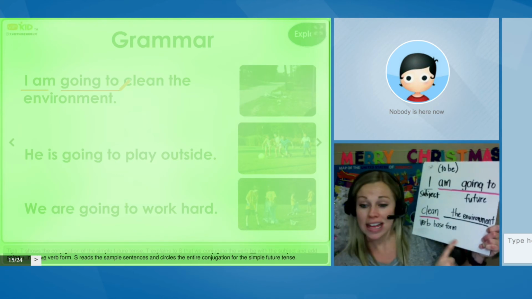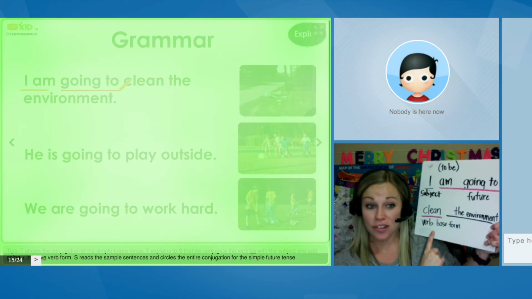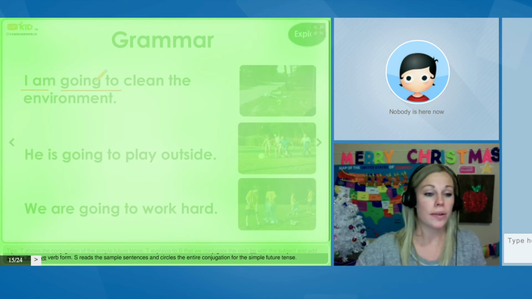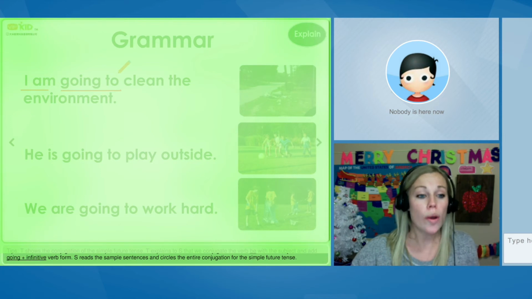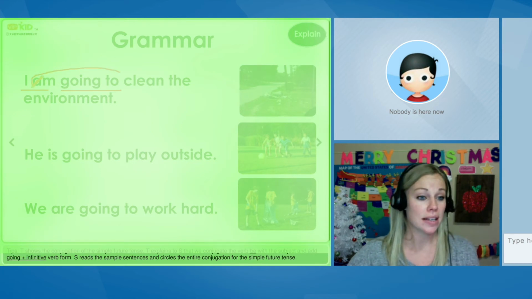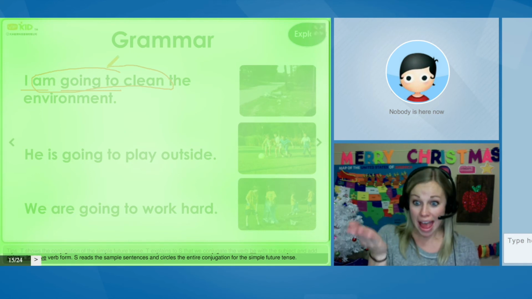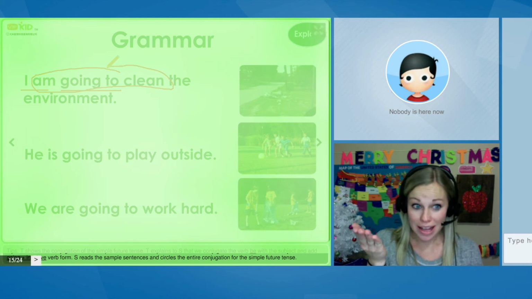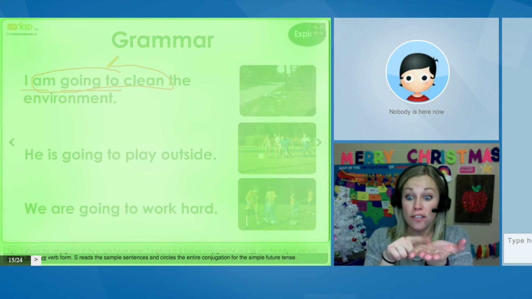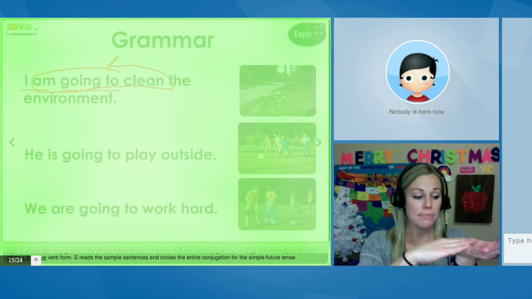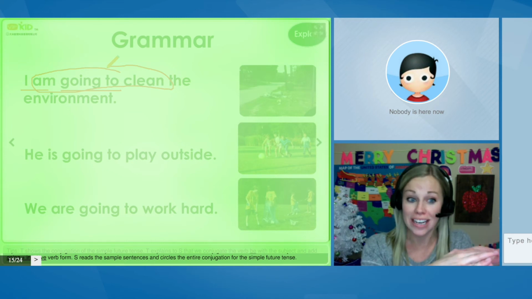Clean. Just base verb. The environment. Watch. I am going to clean the environment. Am going to clean. Am to be, going to, future, clean. That is a verb in its base form or infinitive.